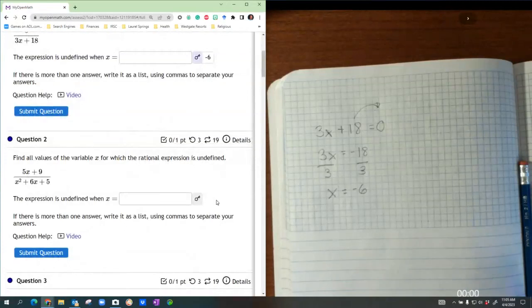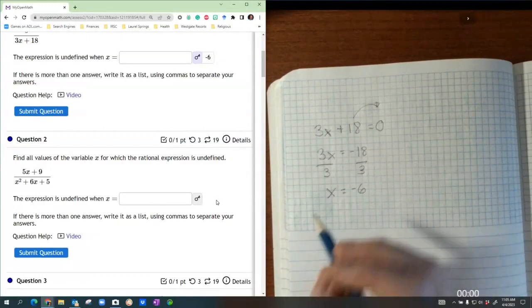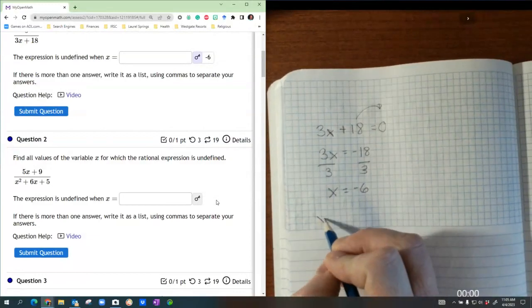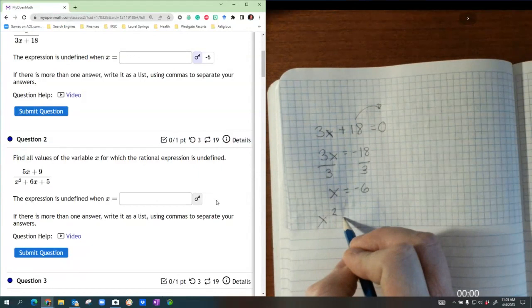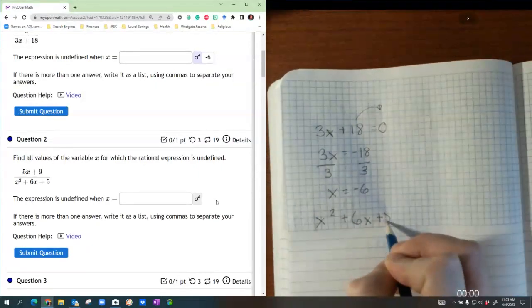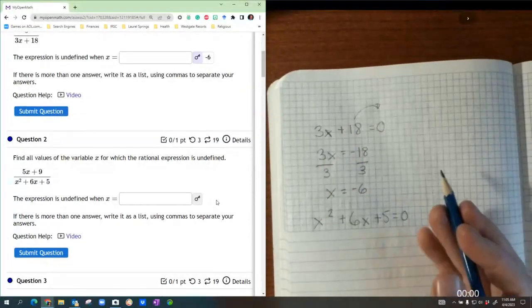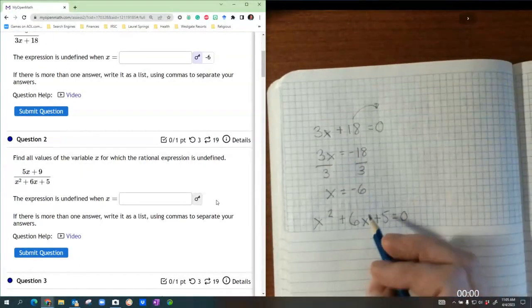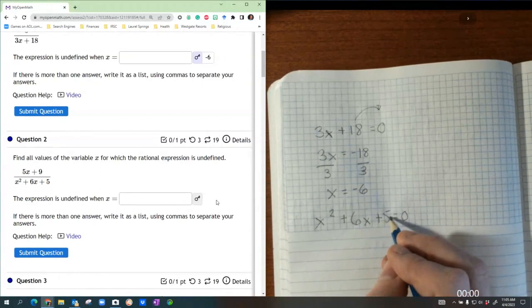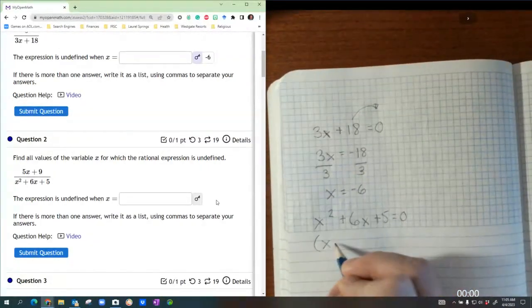We notice we're not too concerned about the numerator when we're talking about undefined values, so we focus on the denominator. In number 2, it's a quadratic. We set it equal to 0 and do it by factoring: two numbers that multiply to 5 and add up to 6, which are 5 and 1.